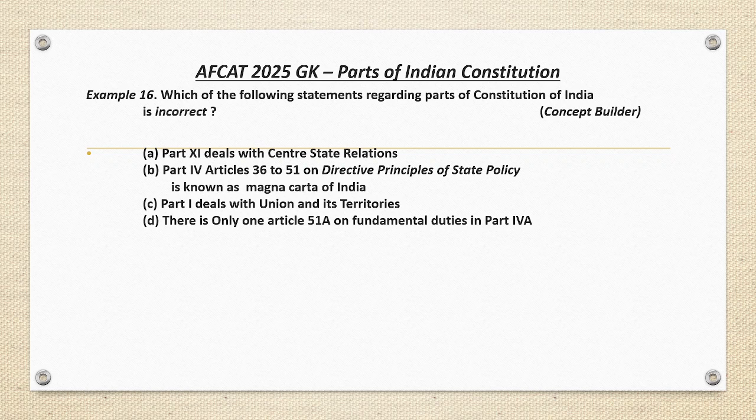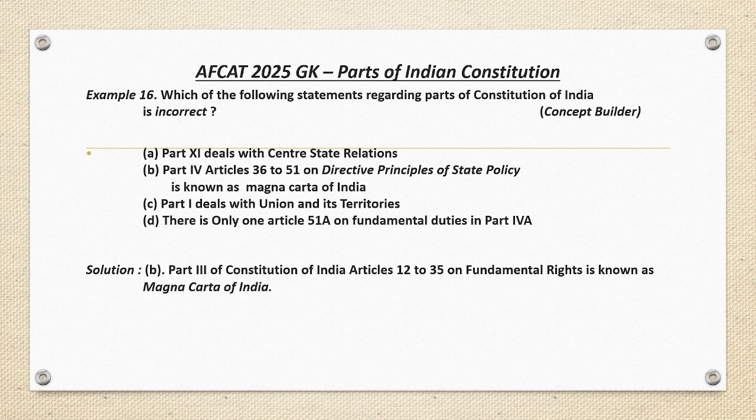Right. Then option C, Part 1 deals with the union and its territories. This is correct. And option D, there is only one Article 51A on fundamental duties in Part 4A. This is also correct. And option A, Part 11 deals with center-state relations. Yes, this is correct. Option B is incorrect.